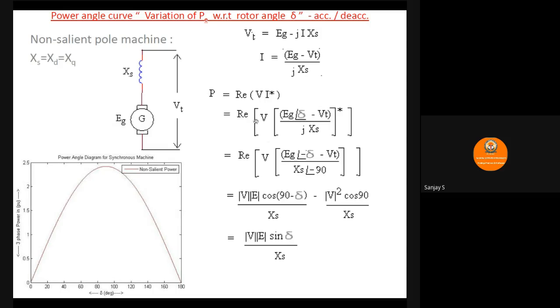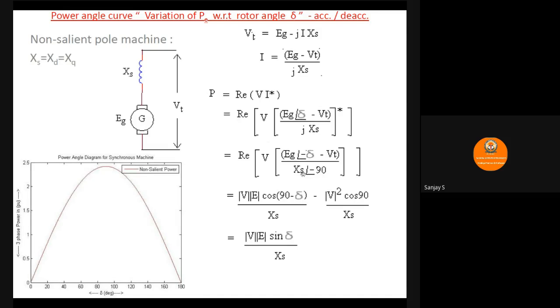So Re of V into, in place of I, I am going to use this expression that I've got here and express it in polar form, EG at an angle delta minus VT divided by jXS, conjugate. So if you take the conjugate, in the next step you can see EG at an angle minus delta minus VT, VT will be at an angle 0 itself, divided by XS at an angle minus 90 since you have taken the conjugate.